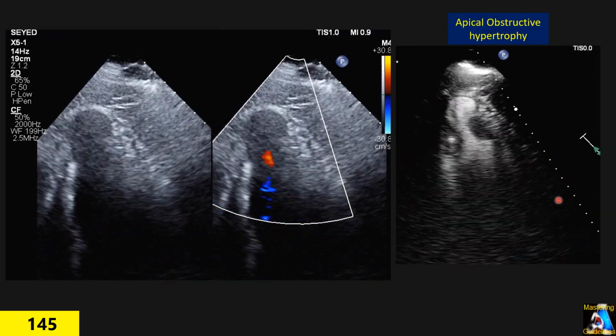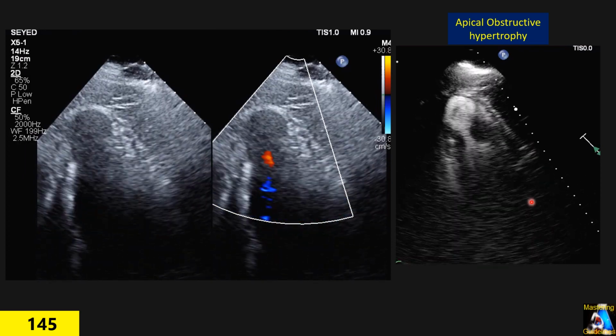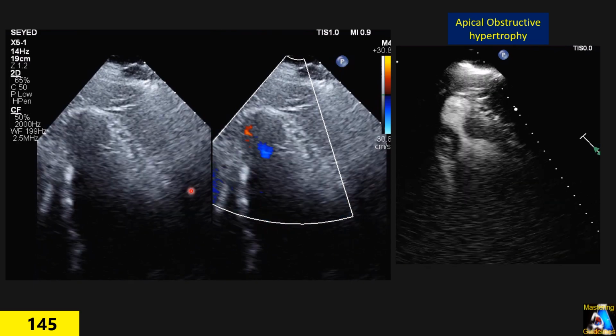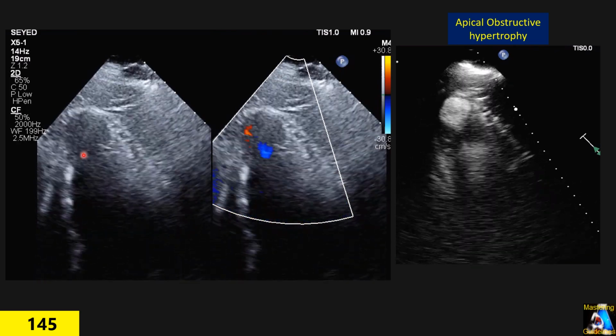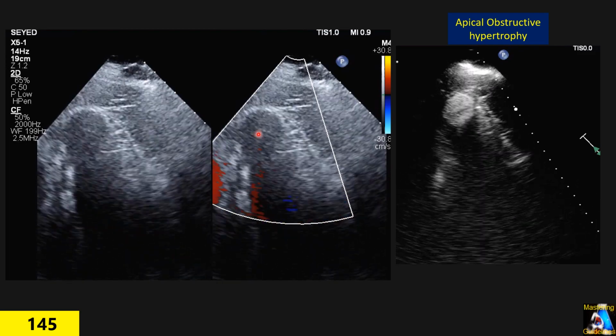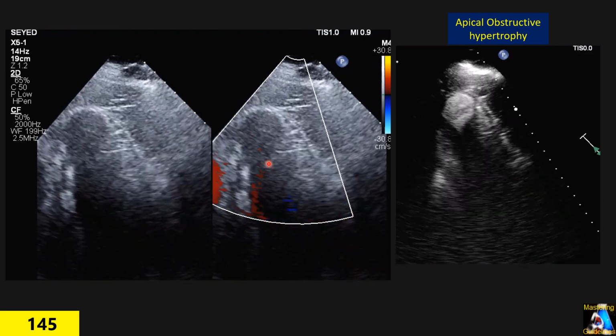In apical obstructive hypertrophic cardiomyopathy, as you can see in this case, 2D with color, you can see this part gives the impression of aneurysmal or akinetic, and with color you can see a turbulence at this level.